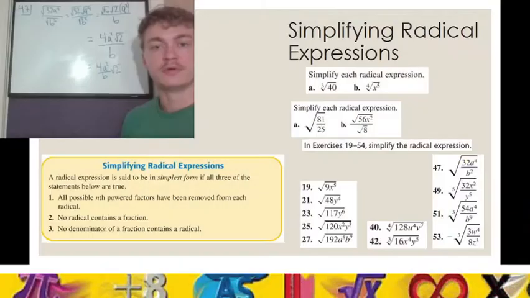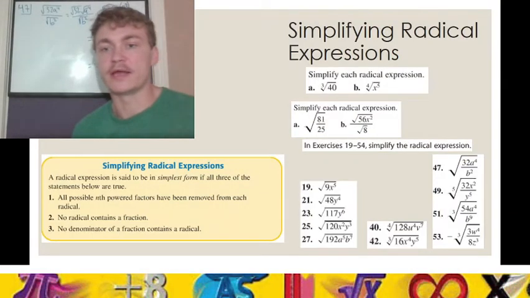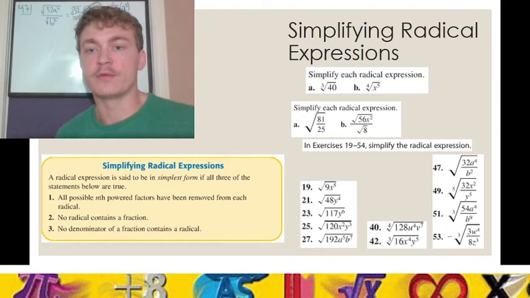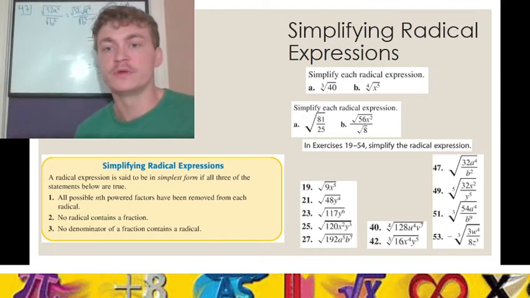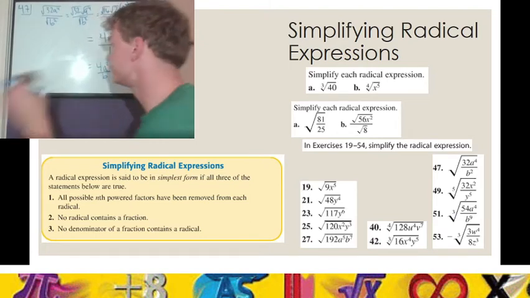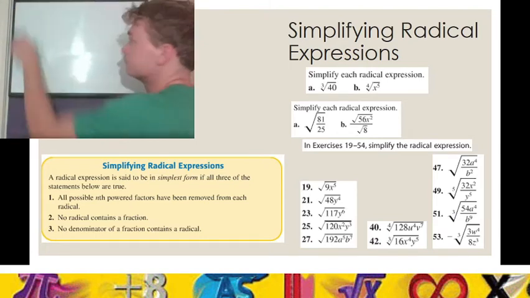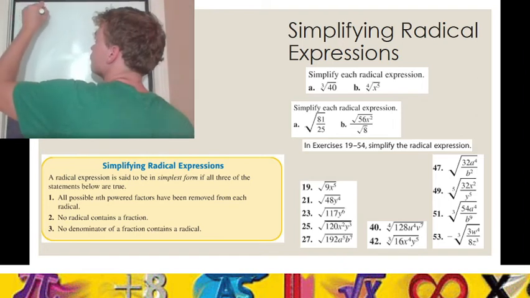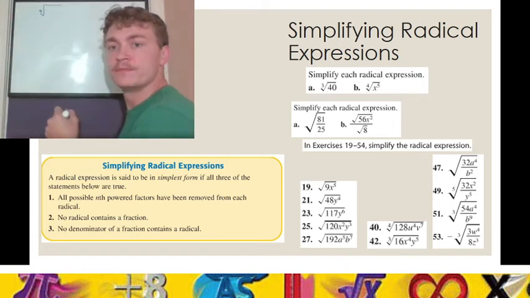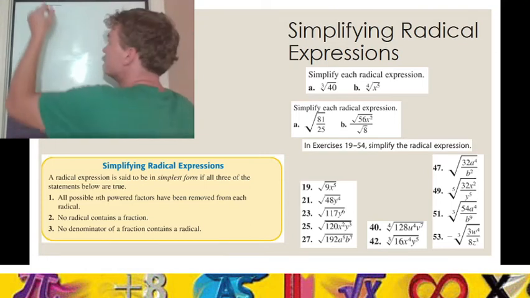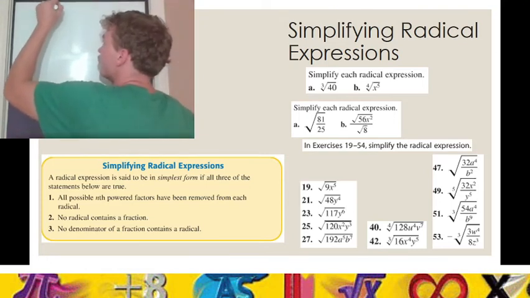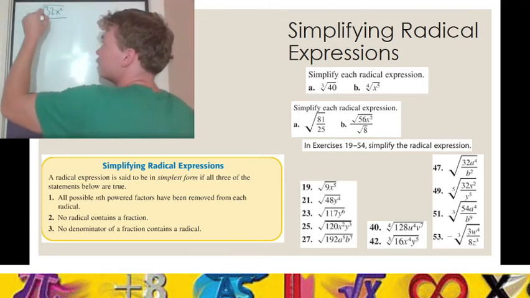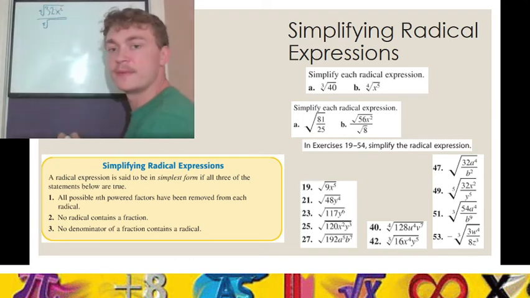Going back to the PowerPoint, looking at number 49, we have the fifth root of our fraction 32x squared over y to the 5th power. For the numerator, 32x squared, divided by the 5th root of y to the 5th power.